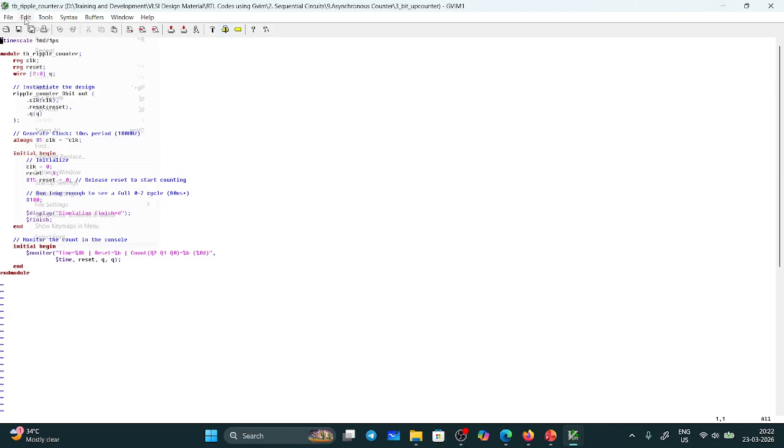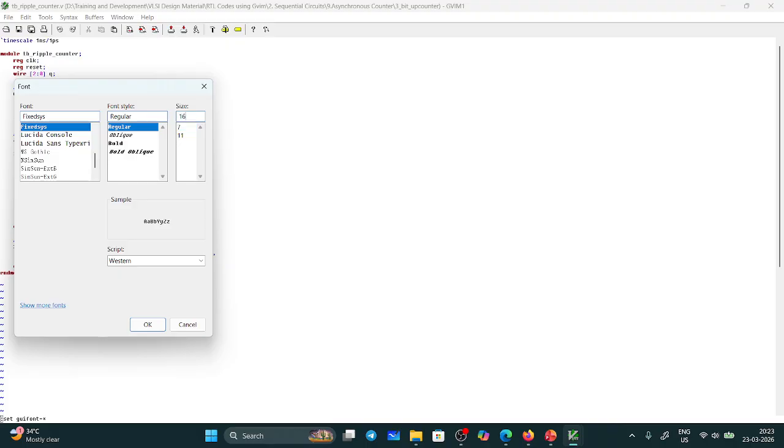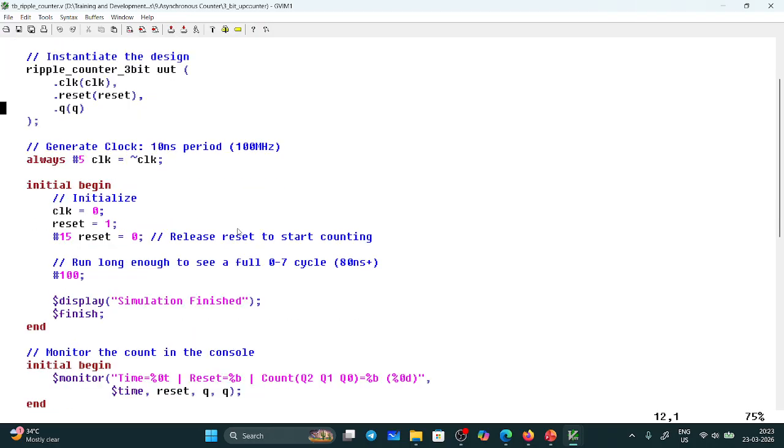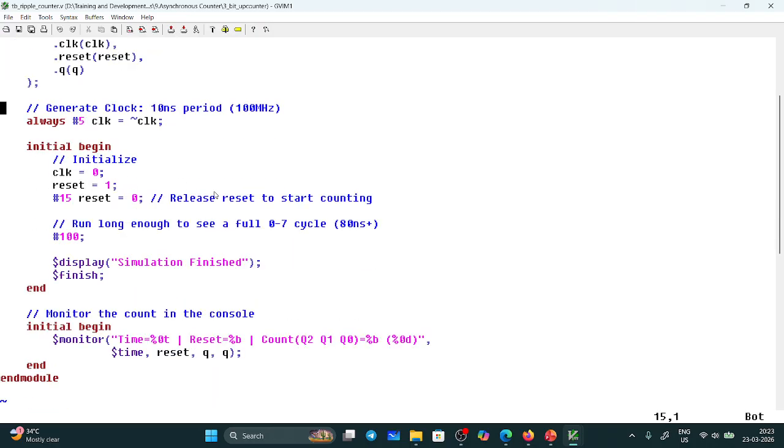Okay, so coming to the test bench for sequential circuits, the 5 steps I told you last class. First you need to declare the internal variables like clock and reset with reg data type and Q with wire data type. Next you need to instantiate your design in the test bench and generate the clock: always #5 clock equal to not of clock, and initial begin, clock I am applying 0 and reset equal to 1.